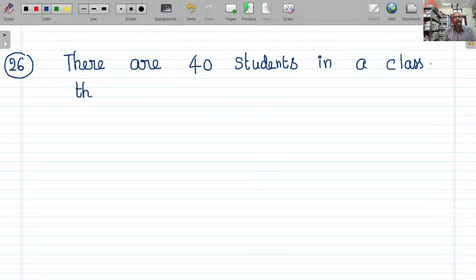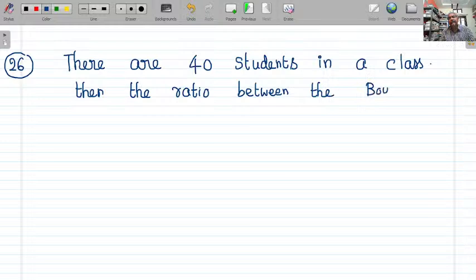Then the ratio between the boys and the girls is.